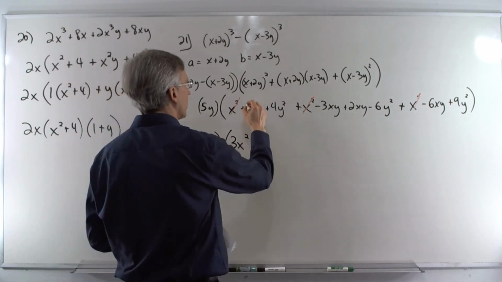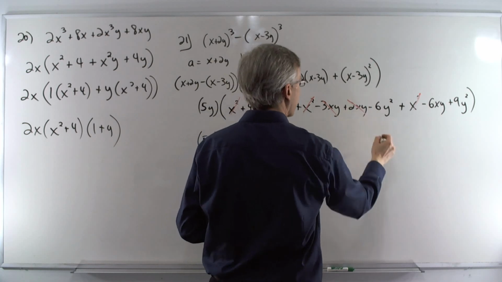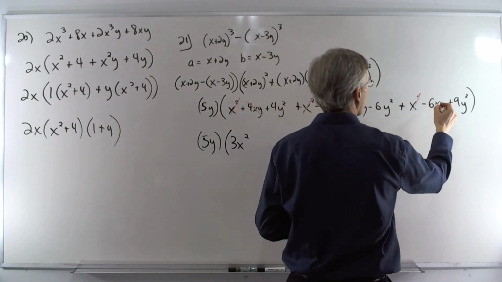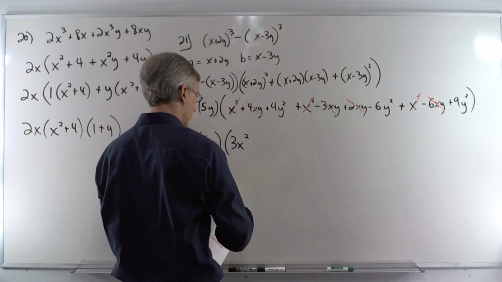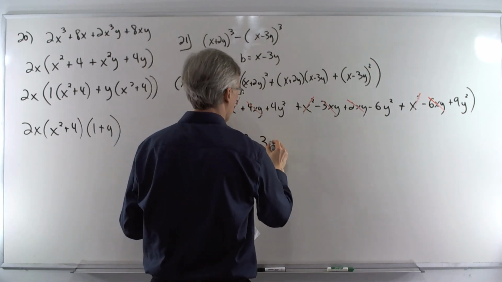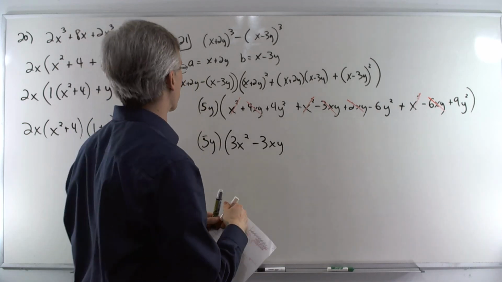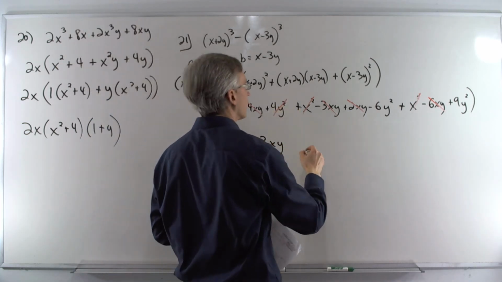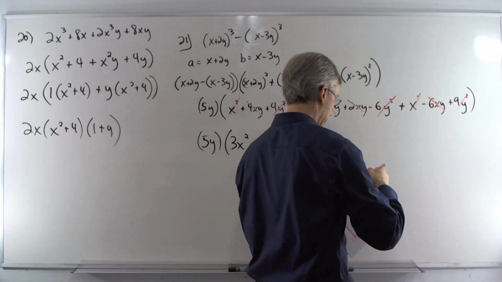We got 4xy minus 3xy, that gets us down to 1xy, plus 2 more, back up to 3. 3 minus 6 is negative 3, so negative 3xy. Now we'll do the y squareds. Got 4 of them here. Minus 6 is negative 2. Plus 9 is 7.